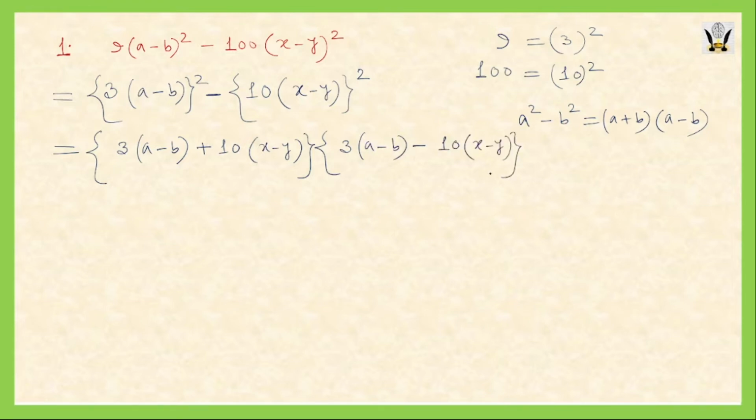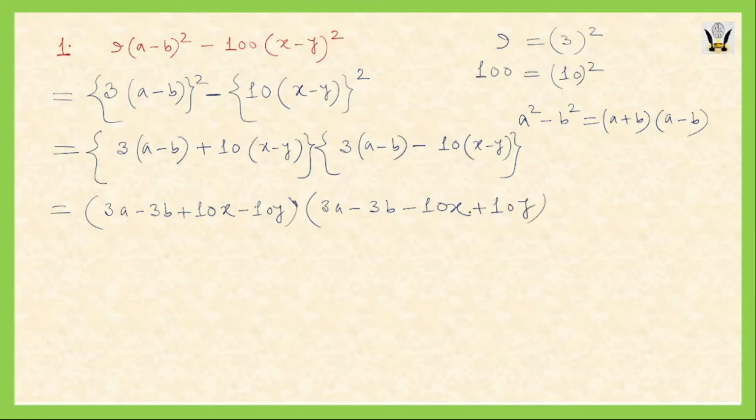Now we have to simplify a little more. If we simplify this, it will be 3a minus 3b, then from here we will have plus 10x minus 10y. I don't need to explain this. Then in the second factor we will have 3a minus 3b, and from this term we will have minus 10x, and then minus minus plus 10y.